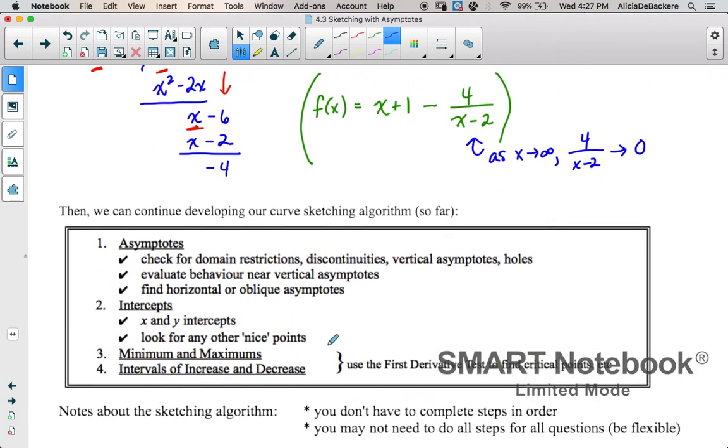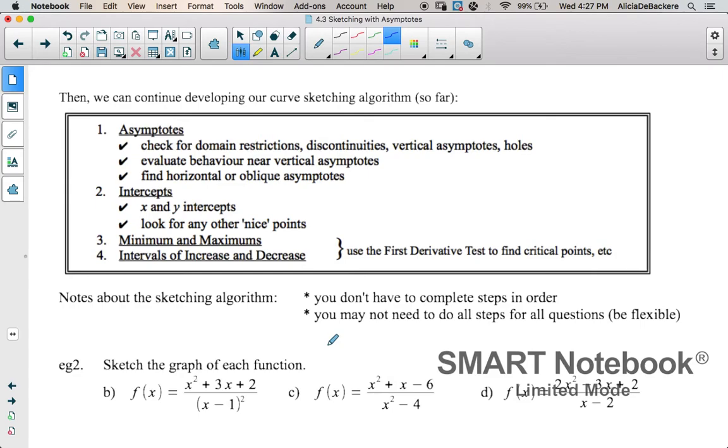All right, so when we sketch our curves, we're going to go through these steps, and you've already been working with steps 2, 3, and 4. We're just adding on step 1 here. The order doesn't matter. You do not have to complete the steps in order, and you may not have to do all of the steps for all of the questions. So for instance, if you're looking at a cubic function, don't worry about asymptotes because cubic functions don't have them.